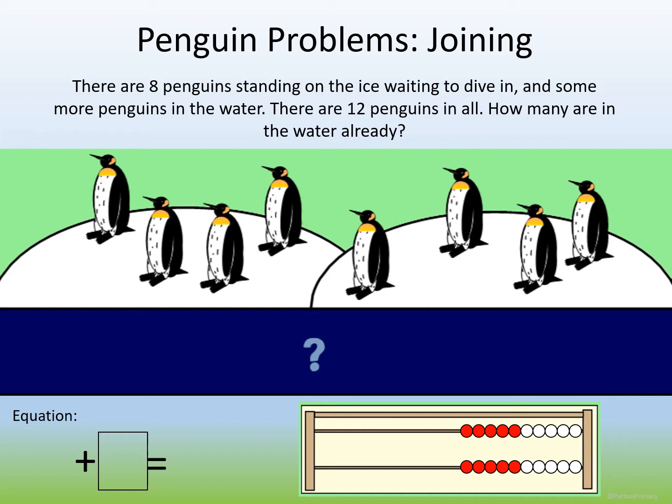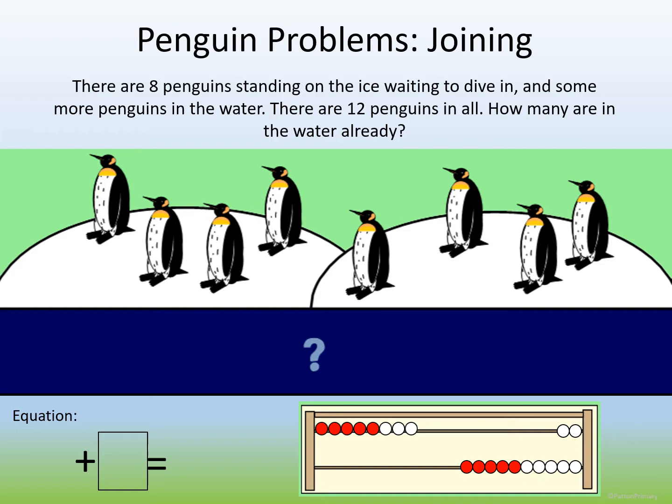Well, we know that there are 8 penguins standing on the ice, so let's move 8 abacus beads to the left to represent the 8 penguins that are standing on the ice. And we know that there's 12 total, so let's count on to figure out how many penguins are in the water already.